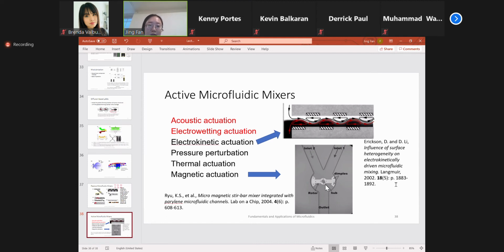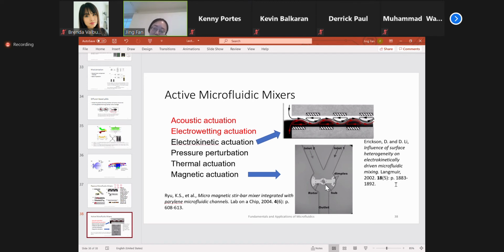Then the next one is electrokinetic actuation, as shown in the top image here. So basically, when a solid surface contacts a fluid with charged particles inside, we learned before that we will have an electrical double layer appear right next to the solid surface, right?